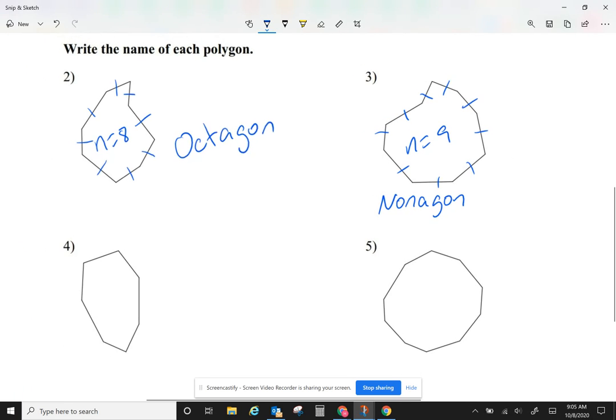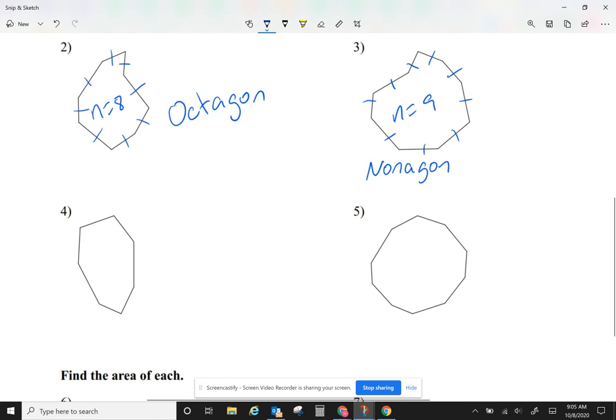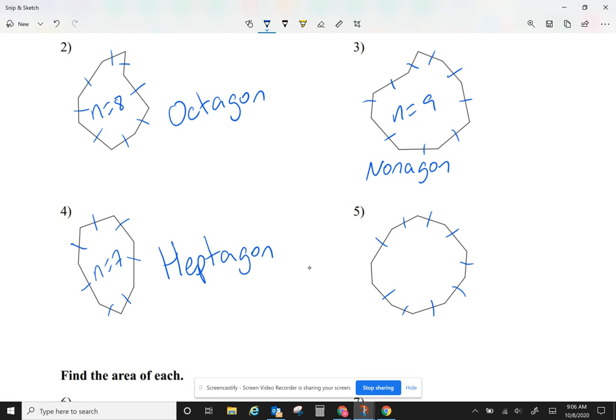Let's take a look at number 4. I have 1, 2, 3, 4, 5, 6, and 7 sides. I'm going to write n equals 7. So the number of sides is 7. So we're going to call this heptagon. Looking at question number 5, I have 1, 2, 3, 4, 5, 6, 7, 8, 9, and 10.